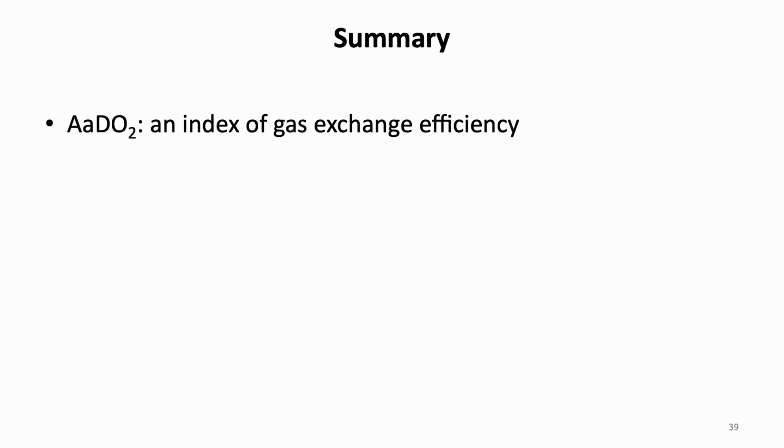So in summary, the alveolar arterial oxygen difference is an index of the efficiency of pulmonary gas exchange. It shows how well a given alveolar oxygen tension generated by the respiratory system translates into arterial oxygenation by means of PaO2.